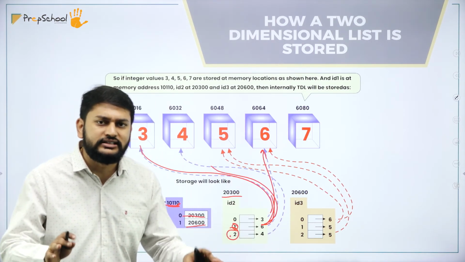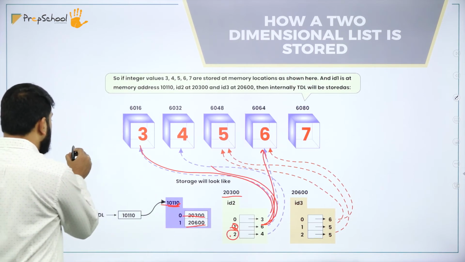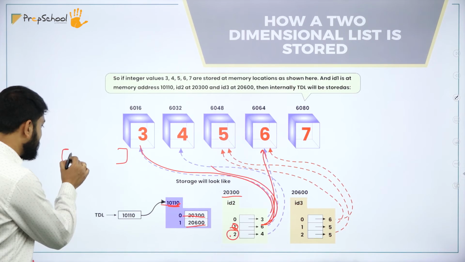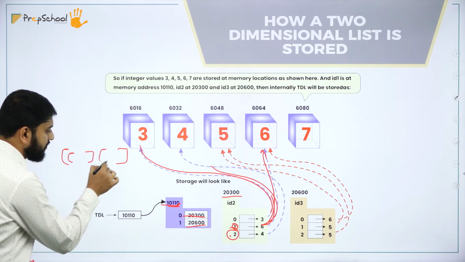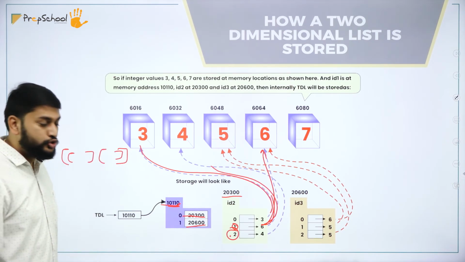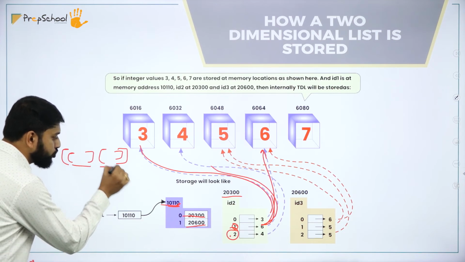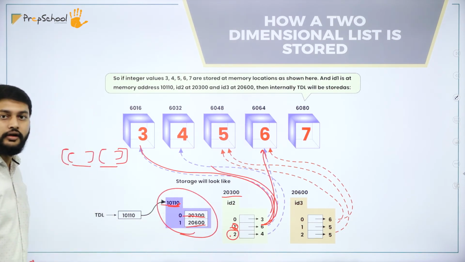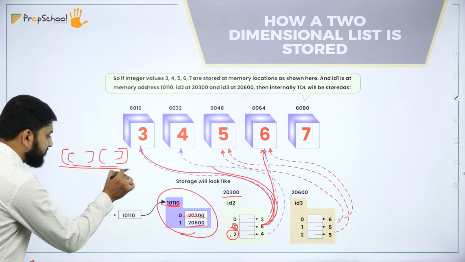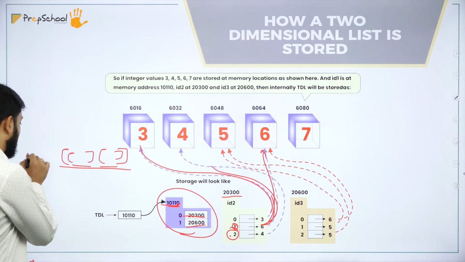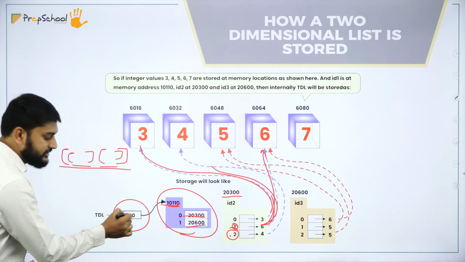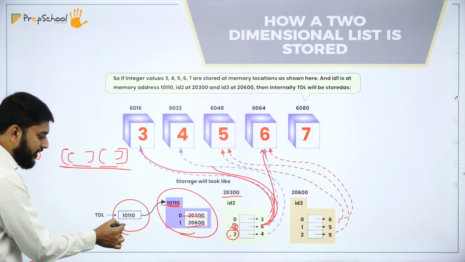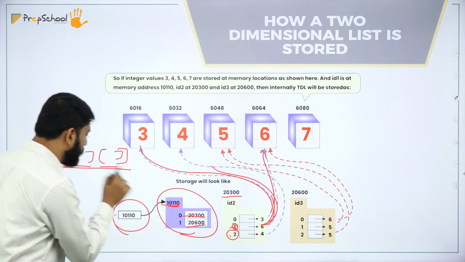You just have to understand this in a simple way. I have a list, and inside this I have one more list. Let's imagine I have 2 lists, so I will store the address of these 2 lists. That is what I have done here. Using this, I will access the main list, and I will get the address of these 2 lists.